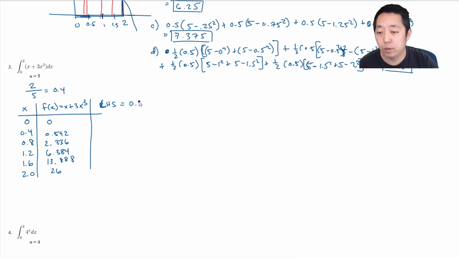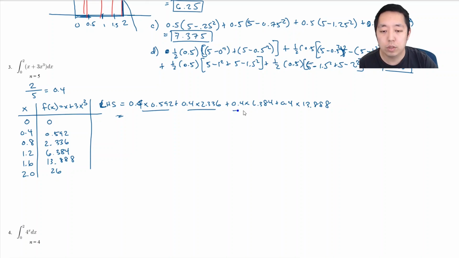So my rectangle is 0.4 times this height, 0.592, plus 0.4 times 2.336, plus 0.4 times 6.384, plus 0.4 times 13.888. And that is my 1, 2, 3, 4. What did I do? Oh, and I forgot the 0 times 0.4. 1, 2, 3, 4, 5 rectangles, right?